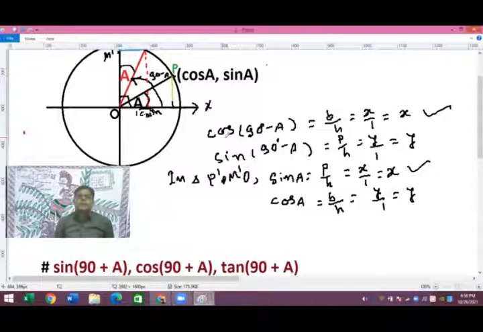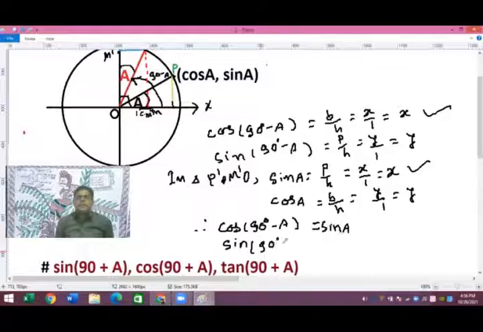So what it is found that cos 90 degree minus A equal to x, but x in this case we have found as sine A, so this is sine A, and you can see that sine 90 degrees minus A is y in fact, and here also y has been found as cos A. So now we have to remember is that cos 90 degree minus A equals to sine A, and sine 90 degrees minus A equal to cos A.